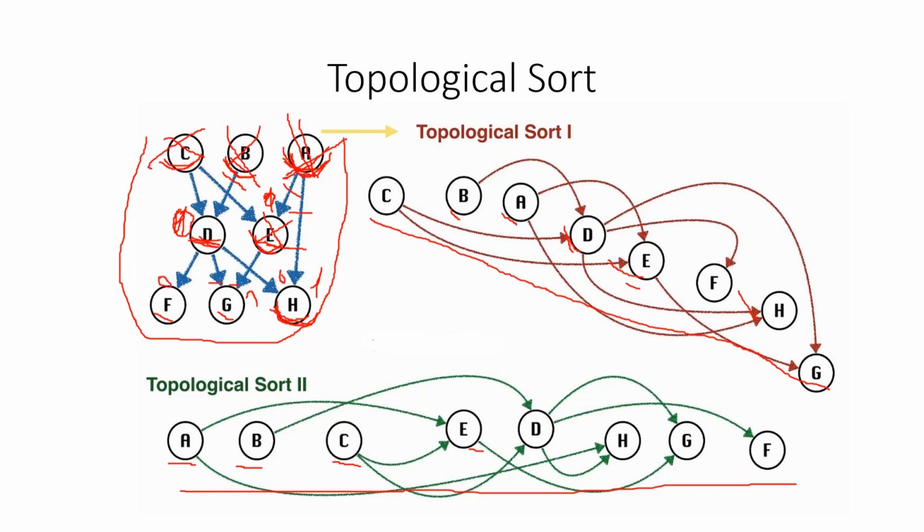Here it becomes 0, and this one becomes 0 too, and we remove D. In the end we have F, G, H, and we just remove F, G, H from the queue because they don't have any adjacent vertices. The order of extracting the elements from the queue is actually the ordering of the topological sort.